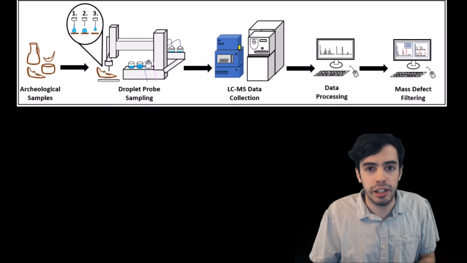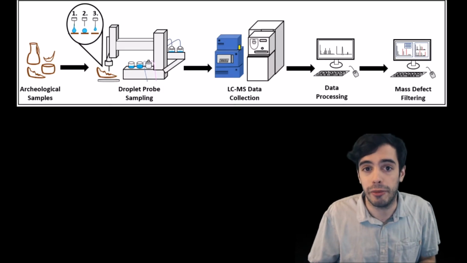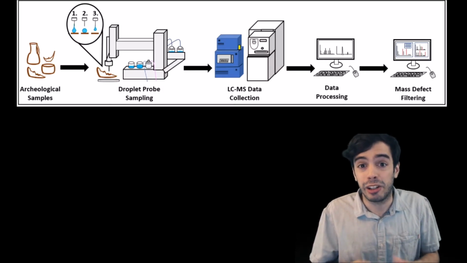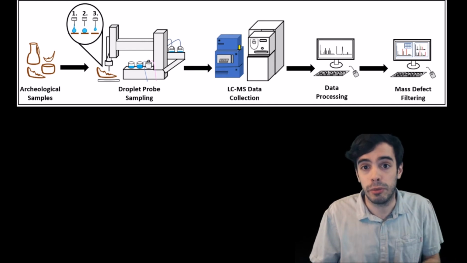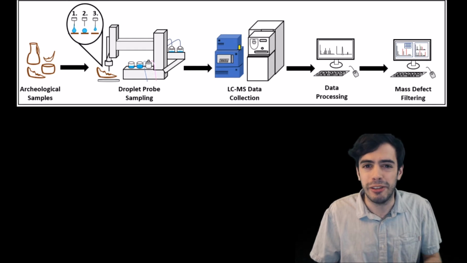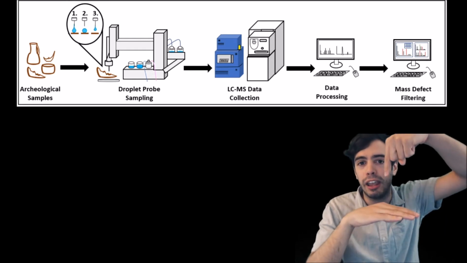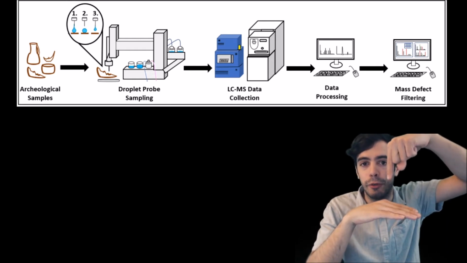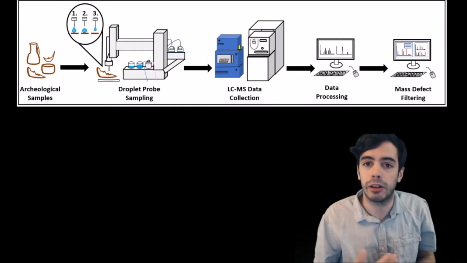So our methodology can be seen on this picture above me. First, without any alteration, we took the original pottery and placed it under the droplet probe. The droplet probe instrument has a really fine needle, and the needle has approximately 5 microliter of solvent in it. It's a water methanol mixture.